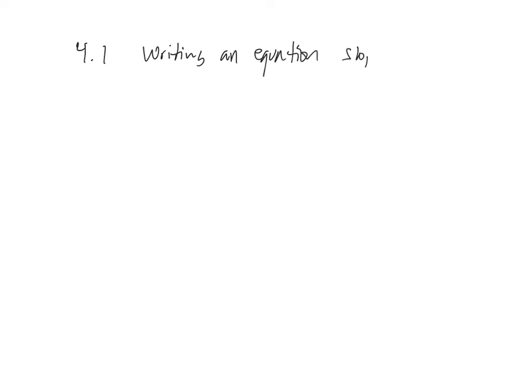So today is writing equations, slope-intercept form. A lot of the equations that we're going to end up writing will end up in slope-intercept form. But here's a key component to this whole writing equations part.